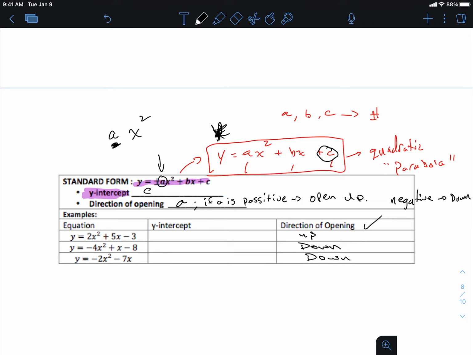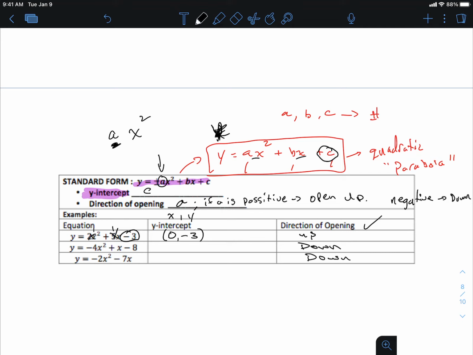There's no X. These two here have an X on them. So I want you to show what the y-intercept is. Well, you can just trust the fact that I'm looking for the number that does not have the X. That's -3, which you could write as a point. Remember, it's always X and Y: 0, -3.